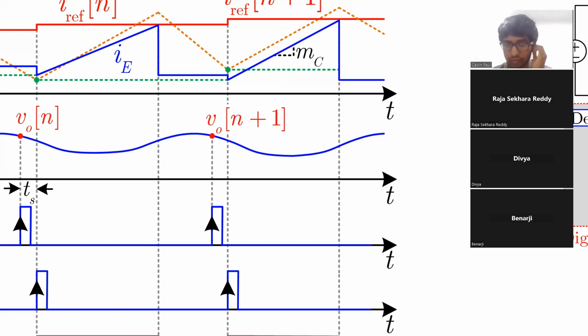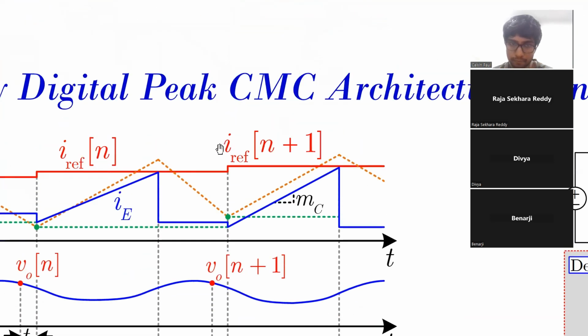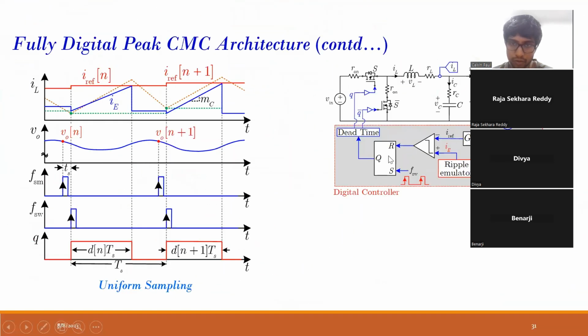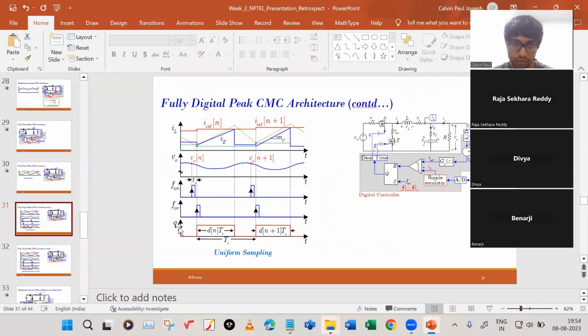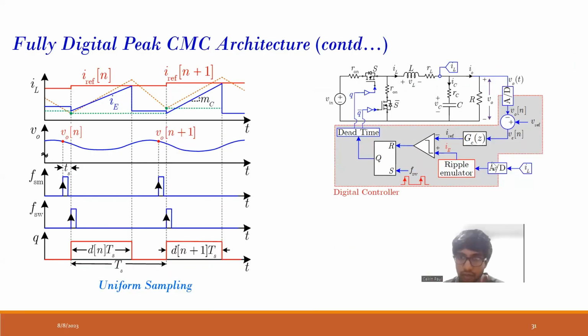Sir, in the circuit, where are we actually adding the emulated ramp you're talking about? See, if you see this implementation, I am taking the sampled inductor current.